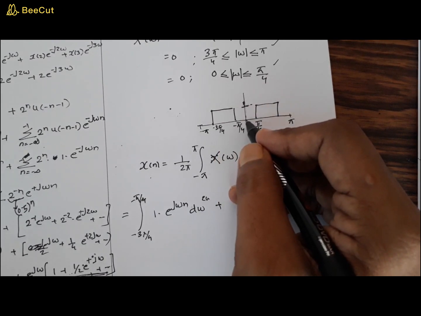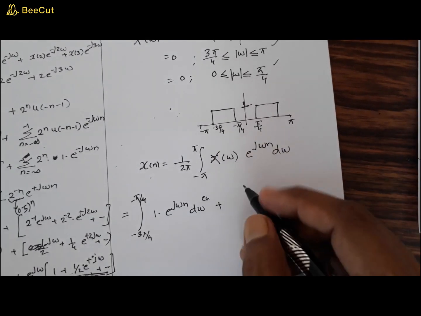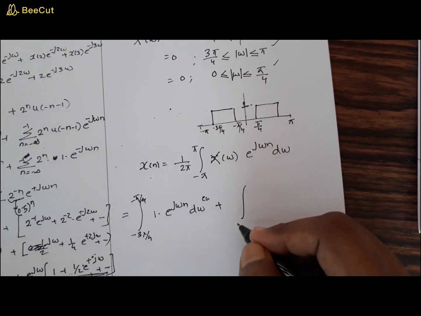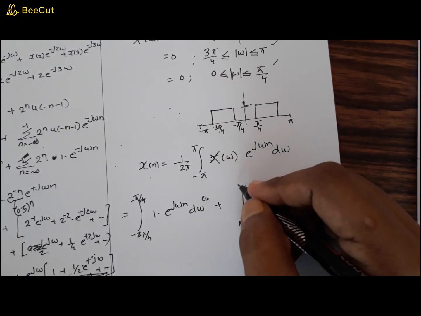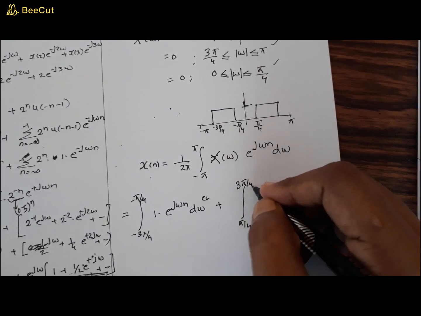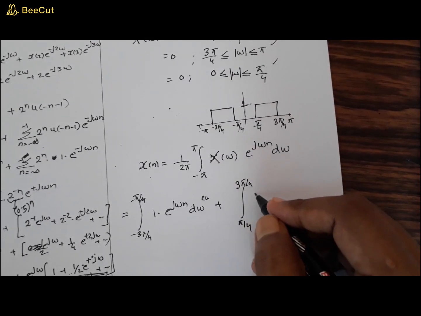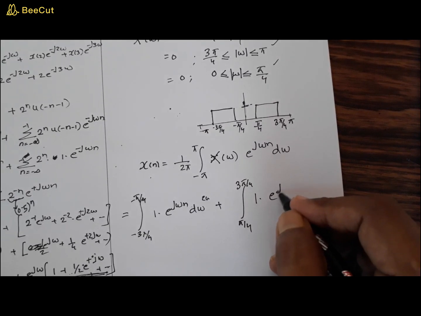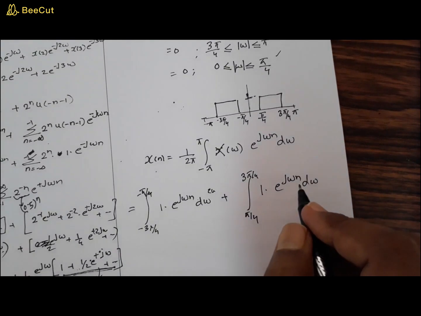Now minus pi by 4 to plus pi by 4 is again 0. Then you have from pi by 4 to 3 pi by 4, it is again equal to 1, e raised to j omega n d omega, right?